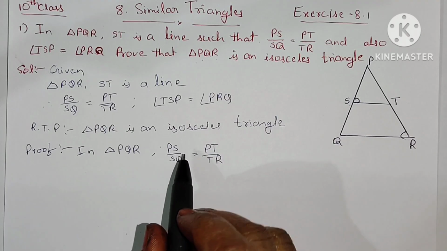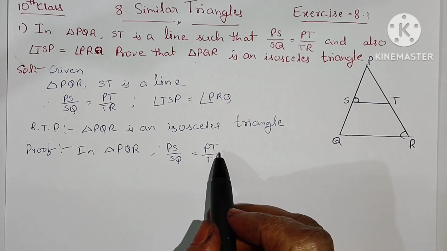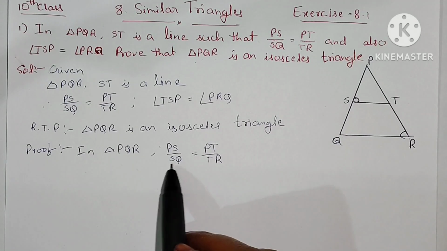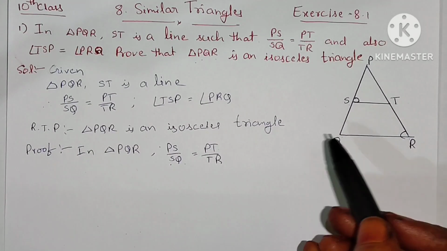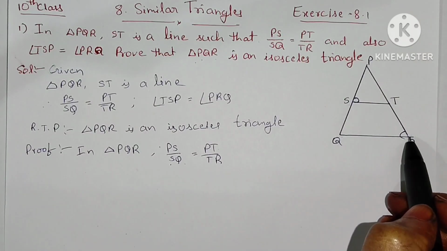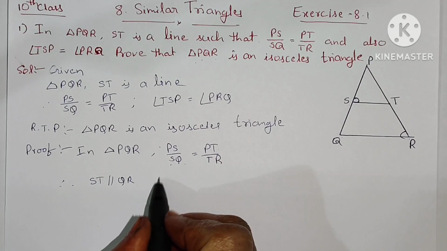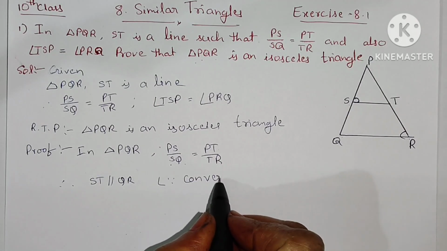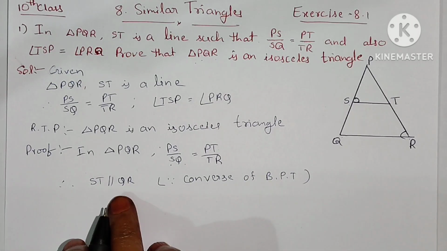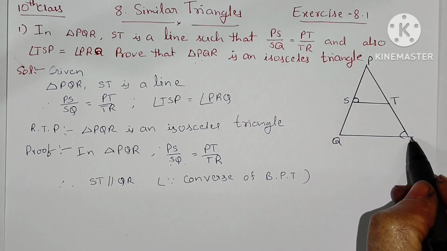Since these two ratios are equal, we use the converse of the basic proportionality theorem: ST is parallel to QR. Therefore ST is parallel to QR.